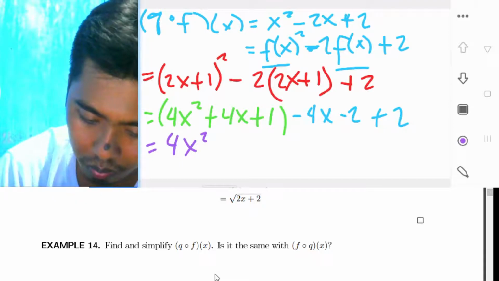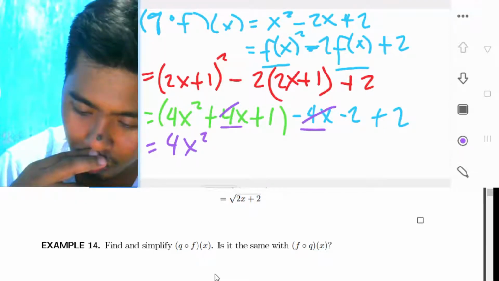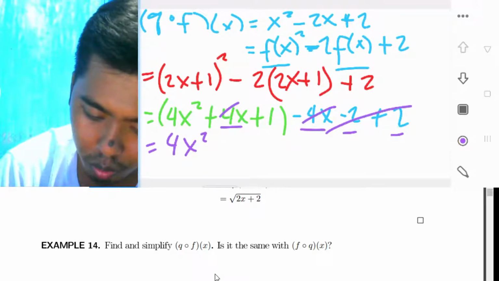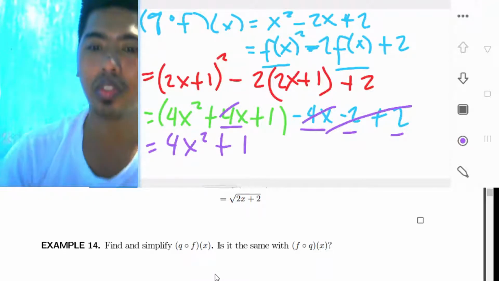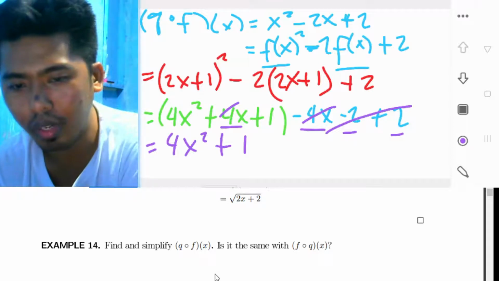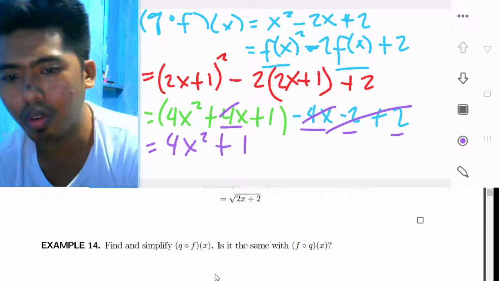You have 4x and negative 4x, so that cancels out. 2 and negative 2 cancel out. So we have 4x squared plus 1. So the answer is 4x squared plus 1 for q of f of x.